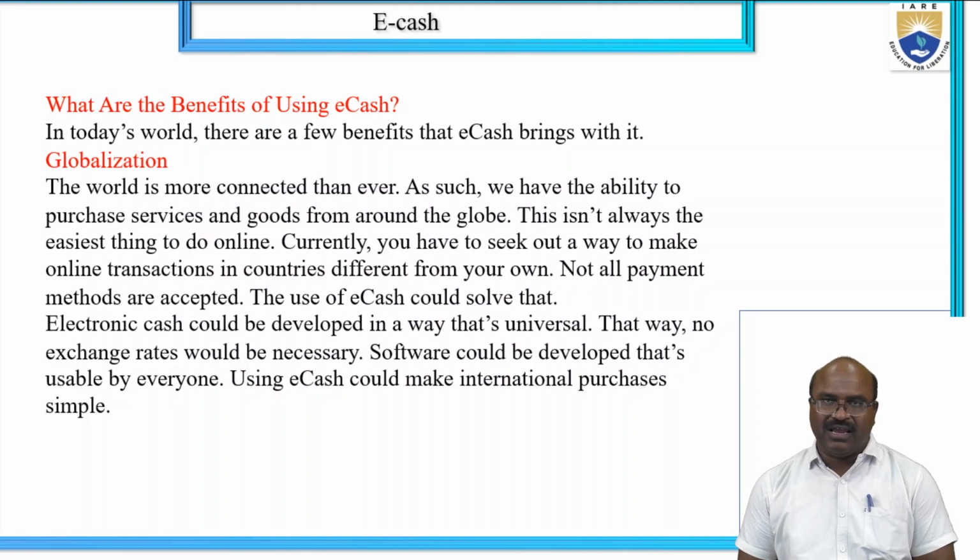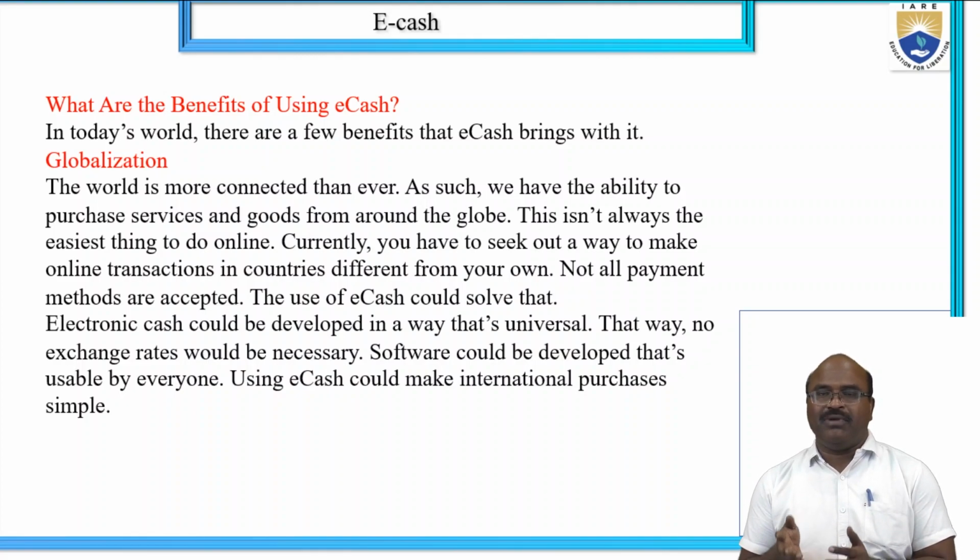With eCash, online transactions are very easy. Currently you have to seek out a way to make online transactions in different countries, with different types of wallets and different types of physical currency.